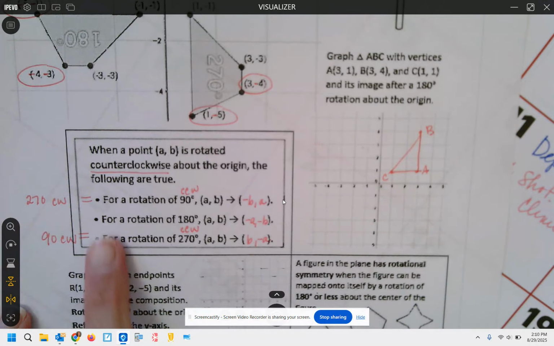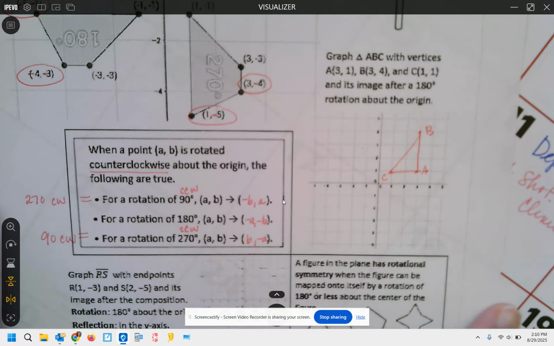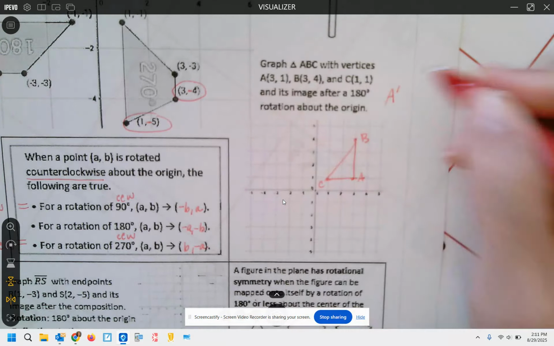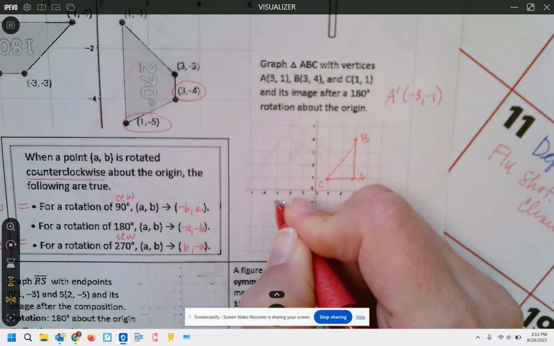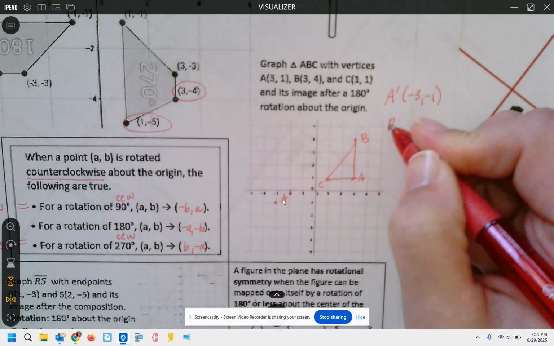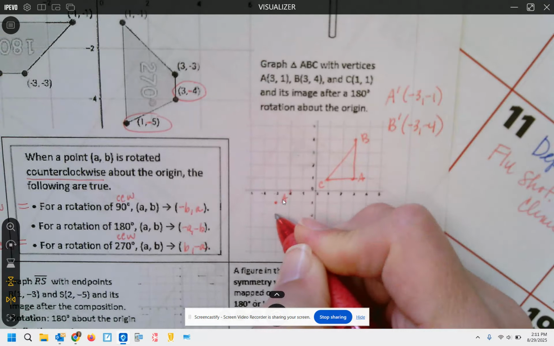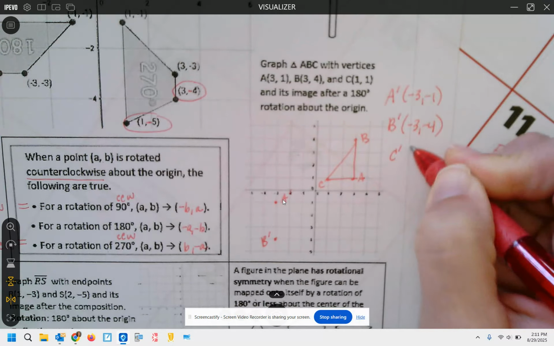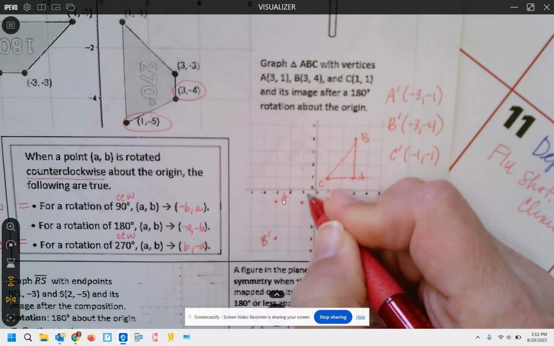If I use my rule, all I need to do is take my original coordinates and negate them all. So A prime, if A is at 3, 1, A prime would be at -3, -1. If B is at 3, 4, B prime would be at -3, -4. And if C is at 1, 1, C prime would be at -1, -1.